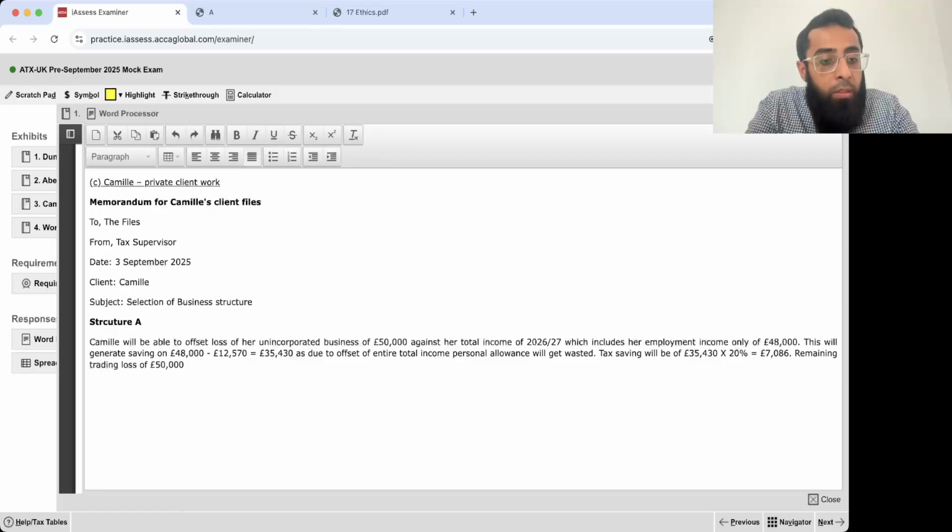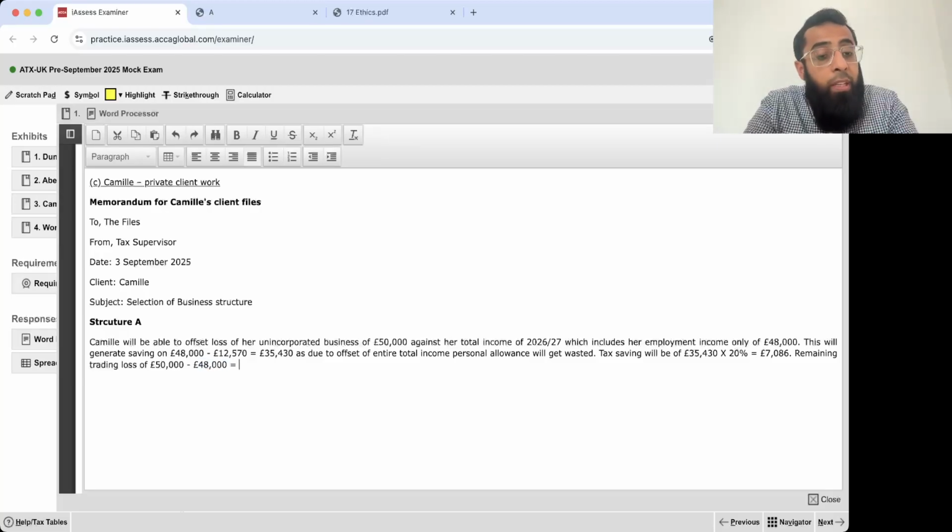Now the remaining trading loss is how much? 50,000 pounds minus 48,000 pounds used against the total income. See, here students get confused: sir, we got saving on 35,430, then why is our loss used at 48,000? See, loss hits the total income. Loss relief is always against the total income; saving is after the personal allowance value.